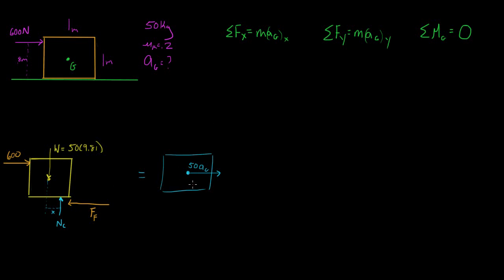Now, this acceleration is only in the x direction, so this part of the equation right here, the sum of the forces in the y, becomes equal to 0 because there is no acceleration in the y direction. And our forces, if we take positive to be up, we're going to have the normal force of C minus 50 times 9.81 is equal to 0.